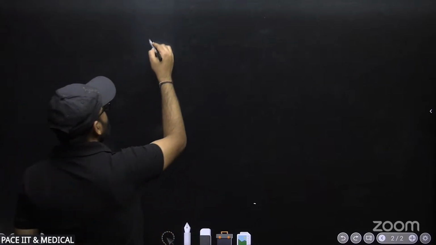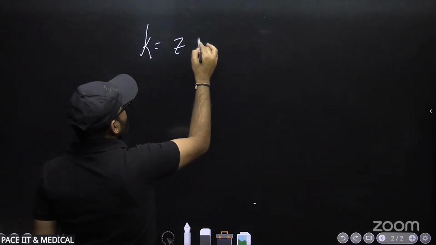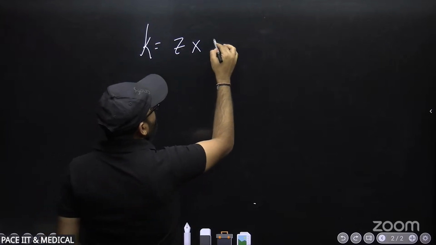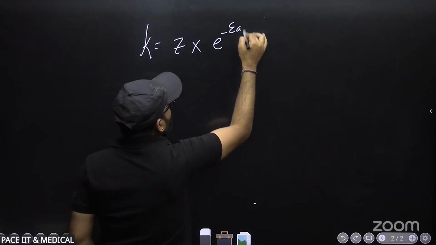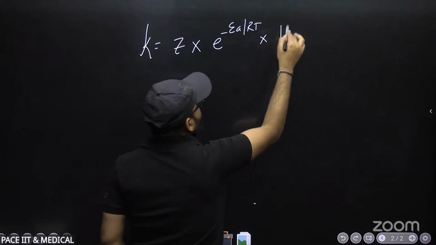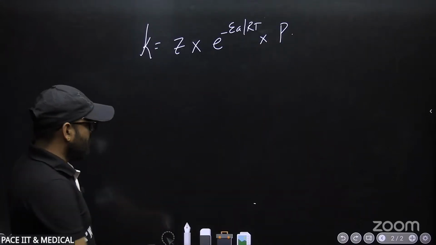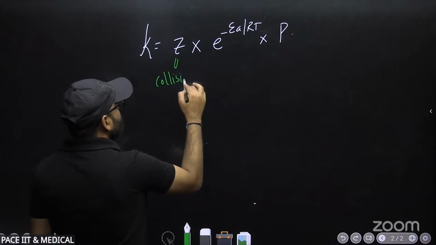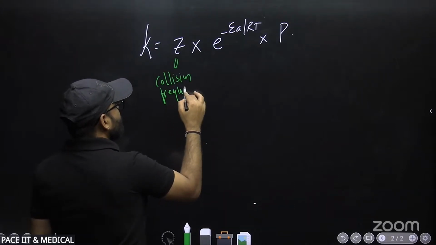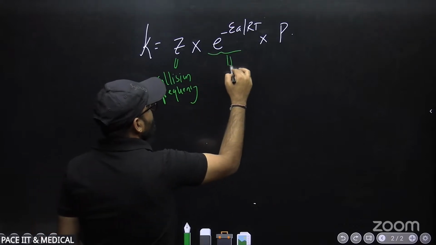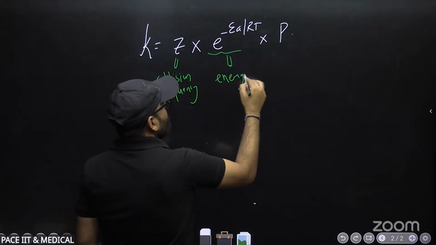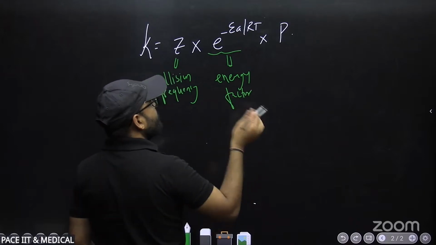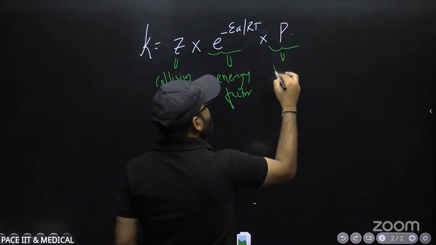So we can say K equals Z into e raised to power minus EA by RT into P. Z is the collision factor, or collision frequency, whatever you can say. This is the energy factor, meaning the fraction of molecules that have the required energy, and P is the probability, the orientation factor.